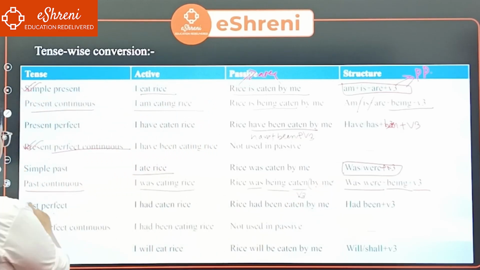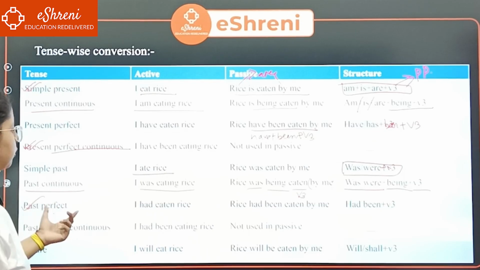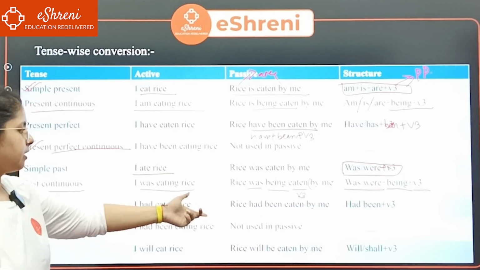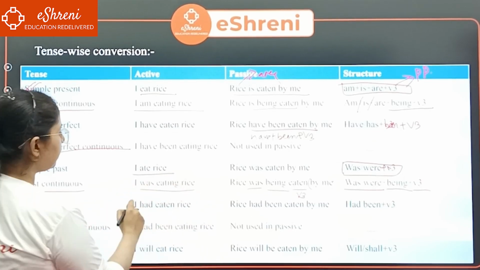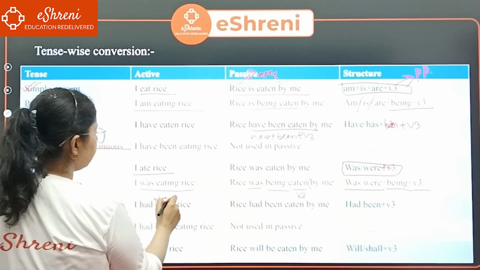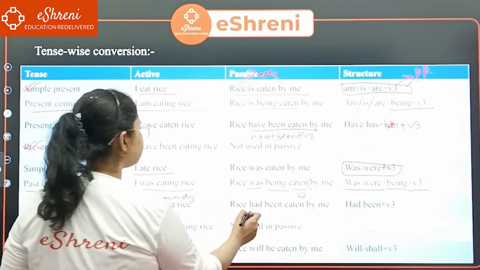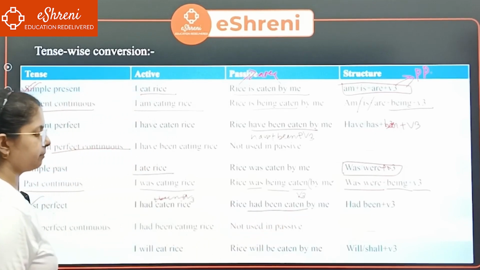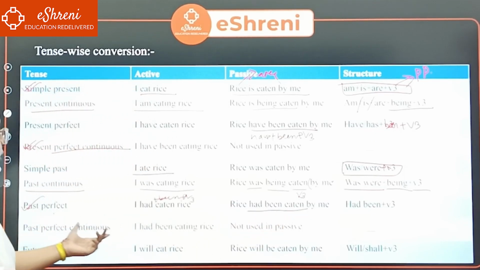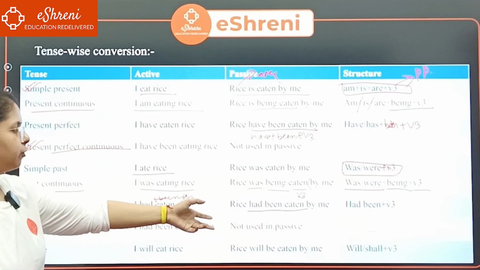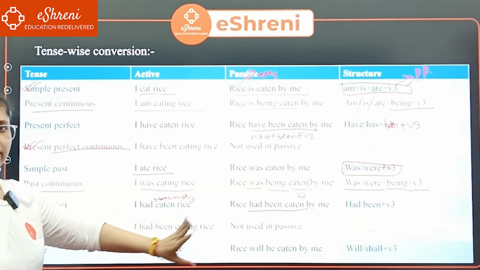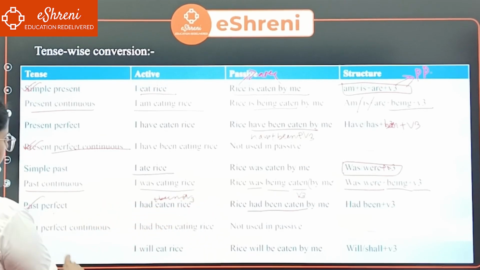Past perfect tense. How does past perfect change? For example, I had eaten rice. Here, had stays and we add been, so had plus been plus v3. That is how we change it: rice had been eaten by me. Past perfect continuous we cannot change, because we do not make it passive. Then future tense: I will eat rice.